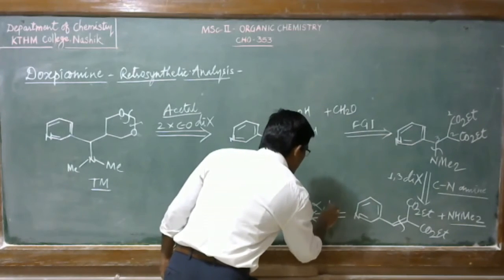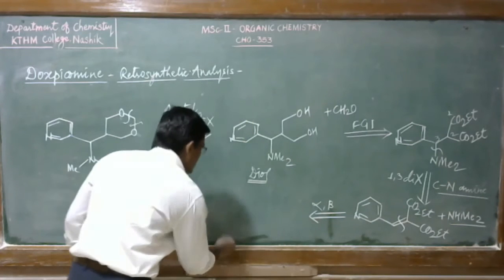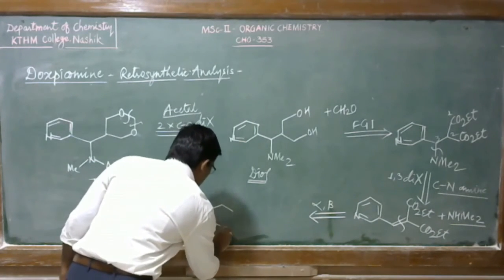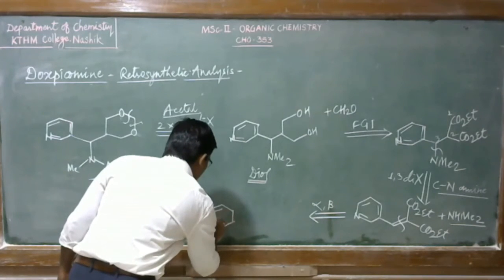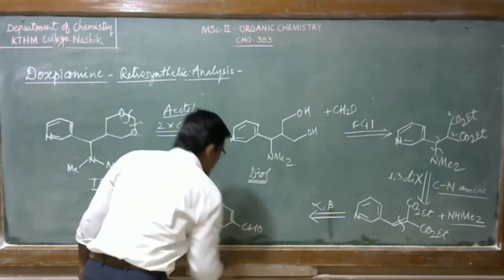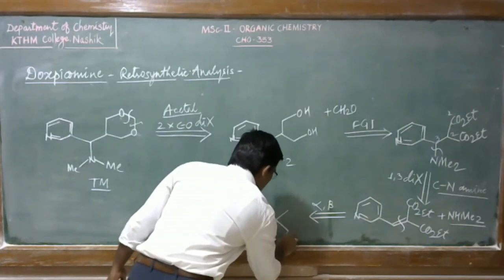Alpha beta carbon-carbon cleavage, so we could get this heteroaldehyde, okay, which is having the pyridine ring, and this diethyl malonate.